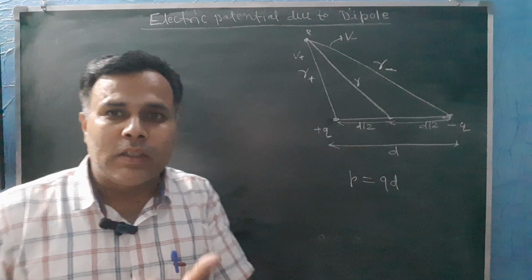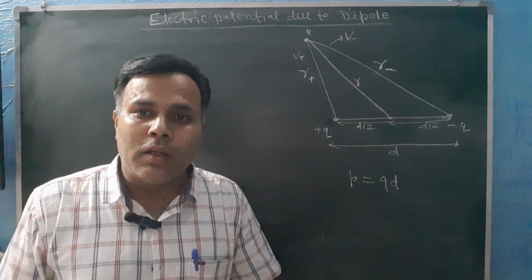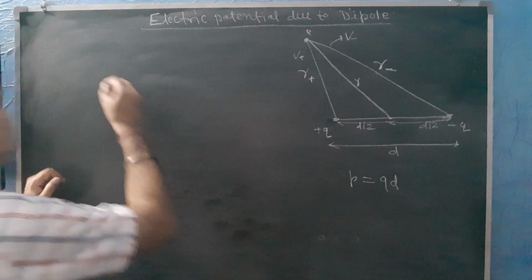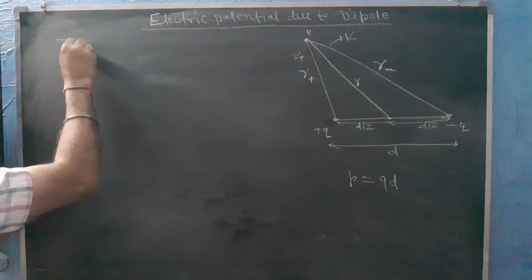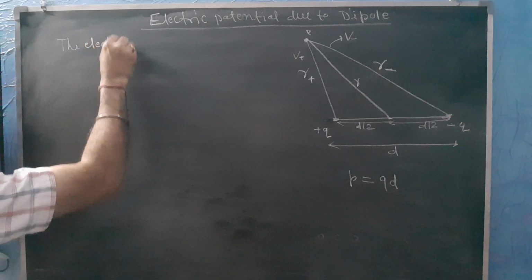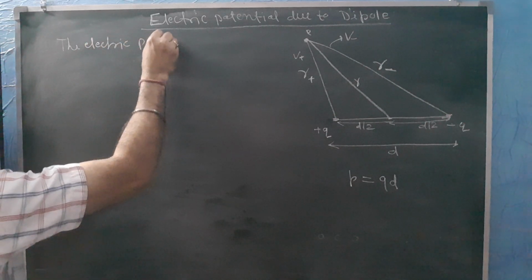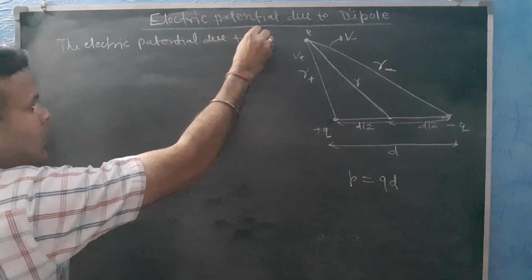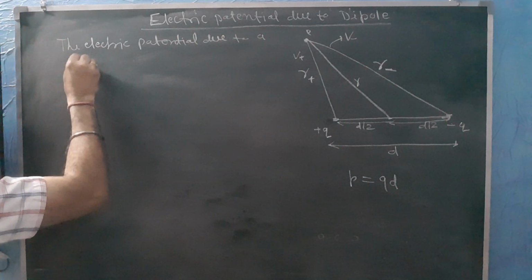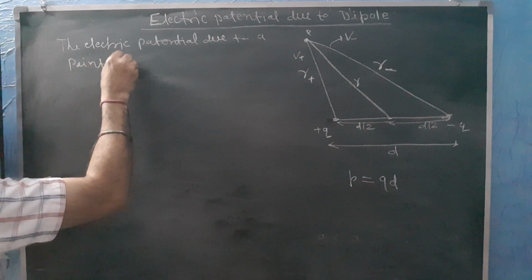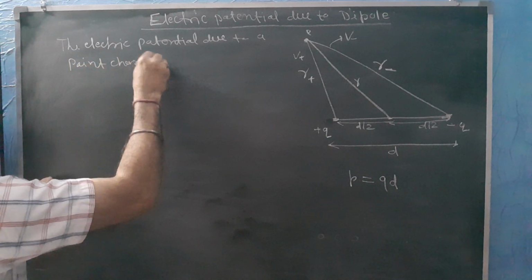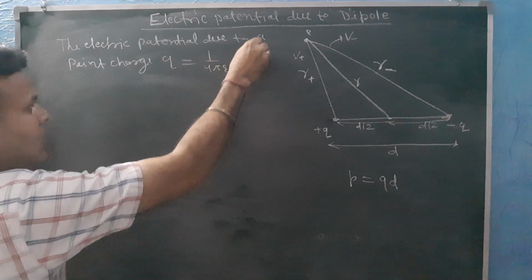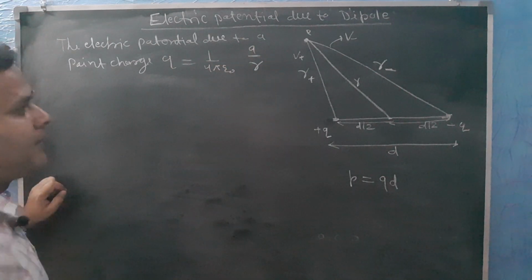I have already explained in the previous lecture that the electric potential due to a point charge q is simply 1 upon 4 pi epsilon 0 times q by r.